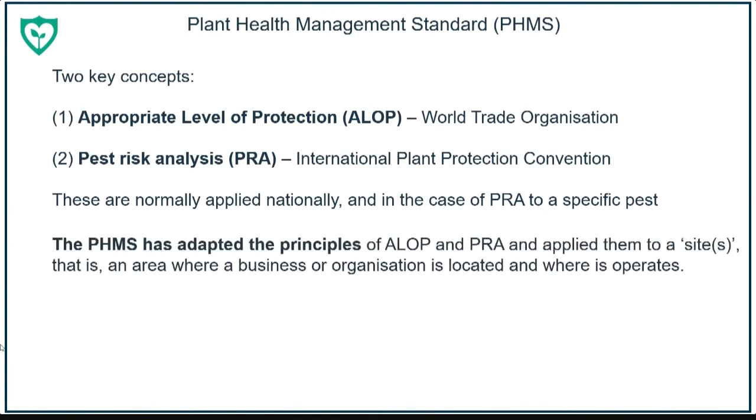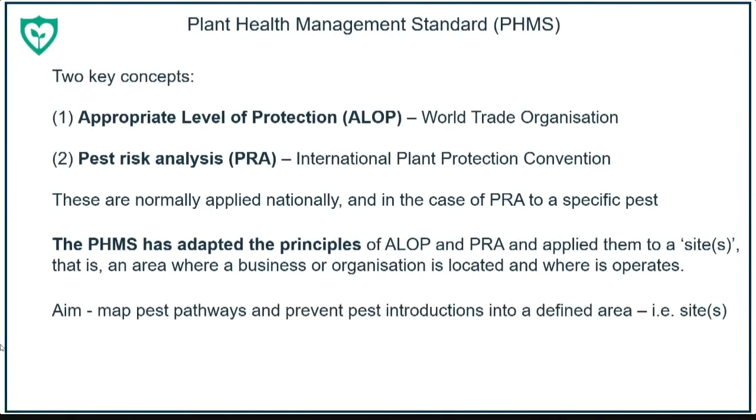The Plant Health Management Standard has adapted the principles of appropriate level of protection and pest risk analysis and applied them to a site or sites, that is, the areas where a business or organization is located and where it operates from. The aim is to map pest pathways and prevent pest introductions into a defined area.